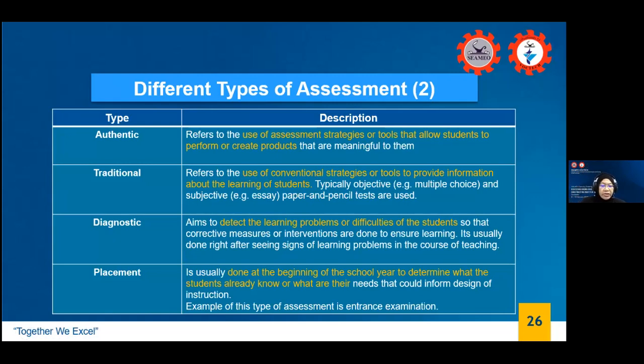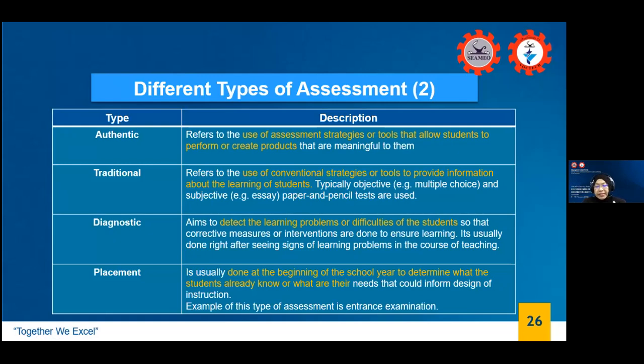Placement normally is because students have different levels of learning. Sometimes a person may be 25 years old, but really her thinking is a little bit low. So once you find that out after the diagnostic test, first you will try to help how to improve.